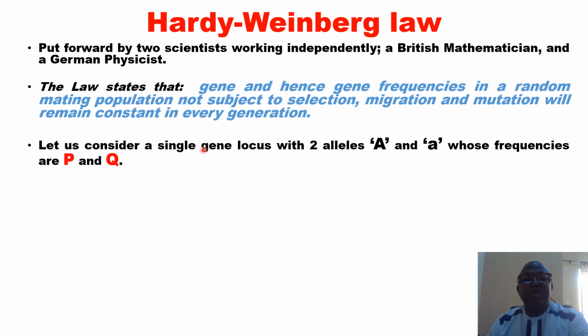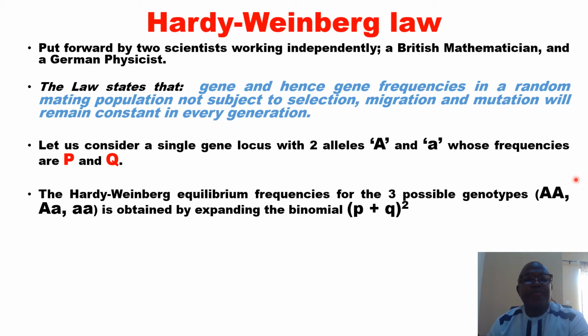Let us consider a single gene locus with two alleles, capital A and small a, whose frequencies are P and Q. The Hardy-Weinberg equilibrium frequencies for the three possible genotypes are AA, homozygous dominant, Aa, heterozygote, and aa, homozygous recessive.